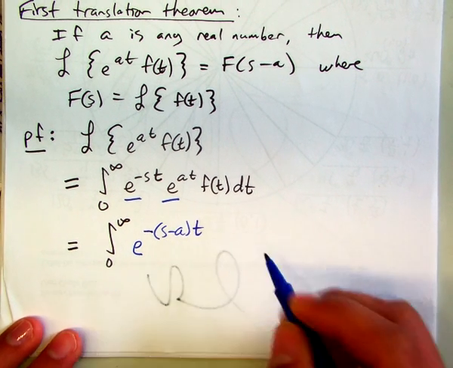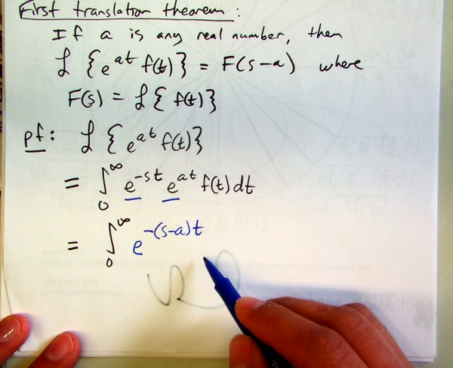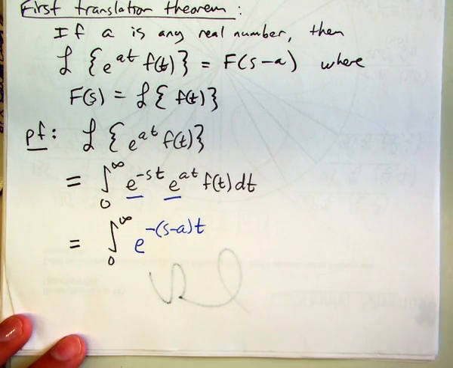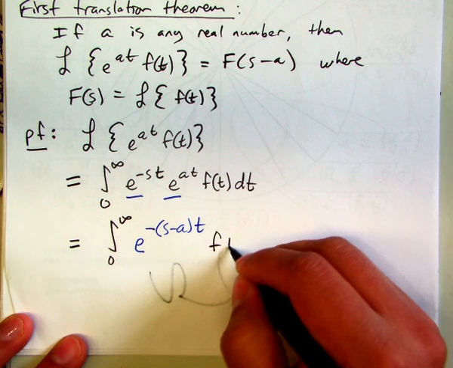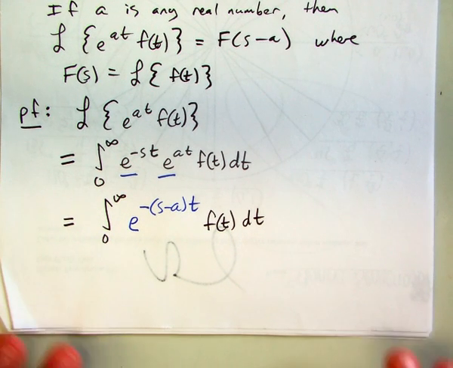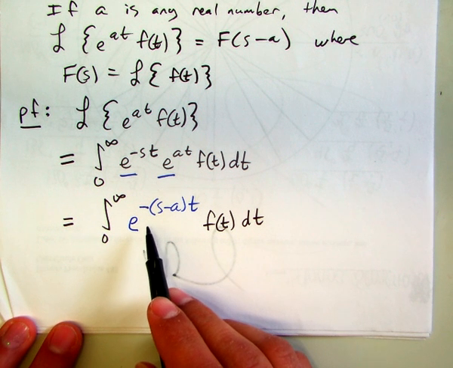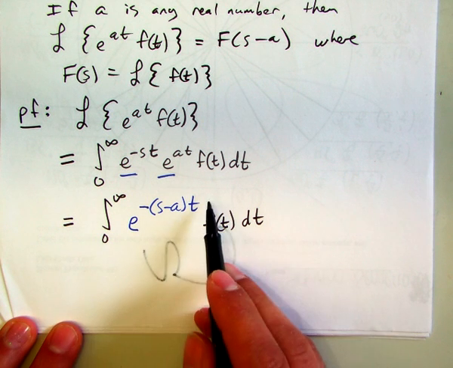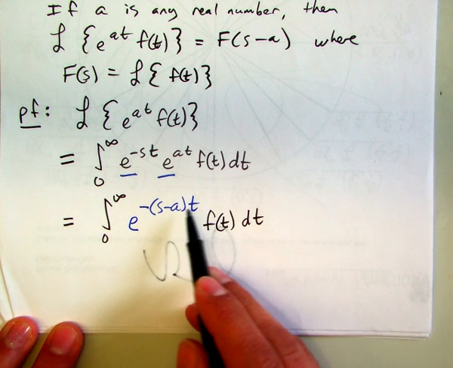So if I factor out a negative t, that's what we get. We still have our f of t dt. And now this looks exactly like the definition of the transform. The only difference is that instead of having e to the minus st, we have e to the minus (s minus a)t. Does that make sense?